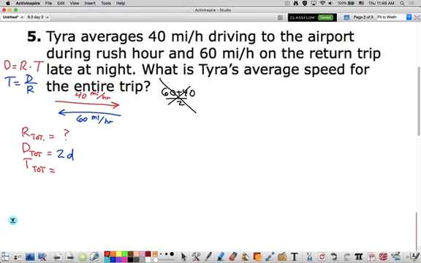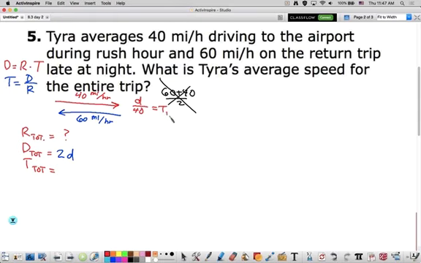Well, let's look at this trip. When she went this way in red, time is equal to, how far did she go? She went d. D over, how fast did she go? 40 miles per hour. What does d over 40 represent? Her time one way.